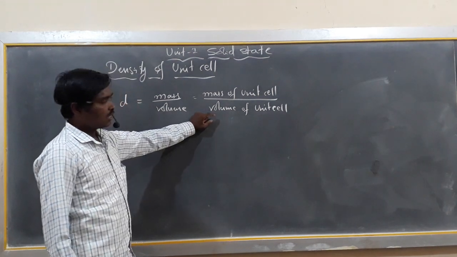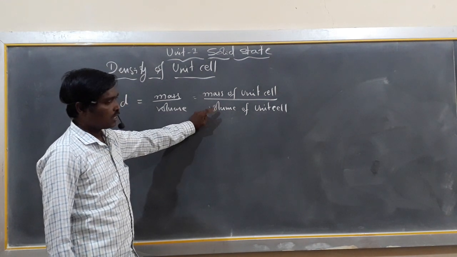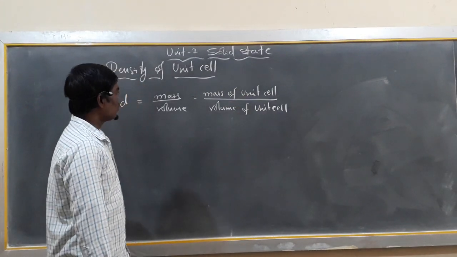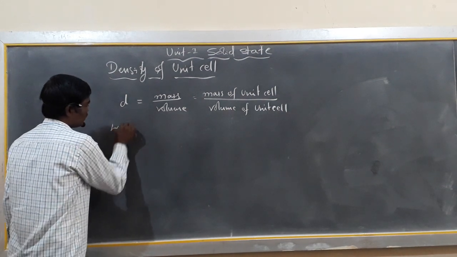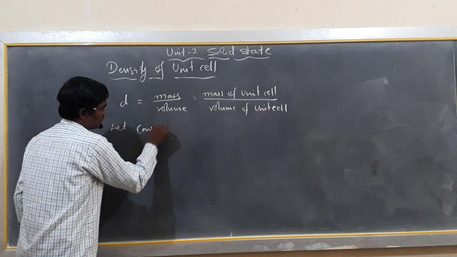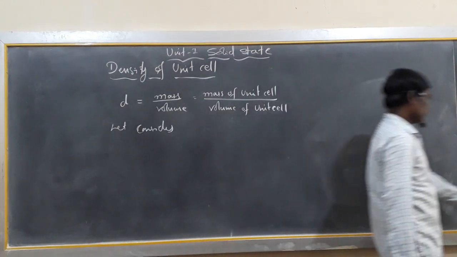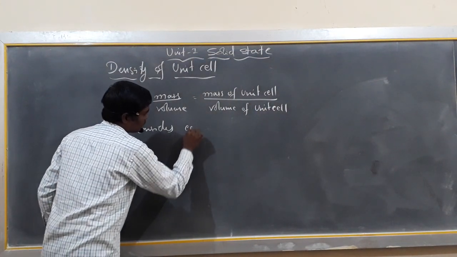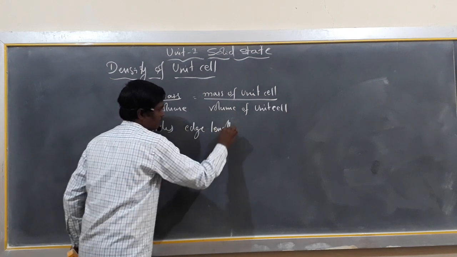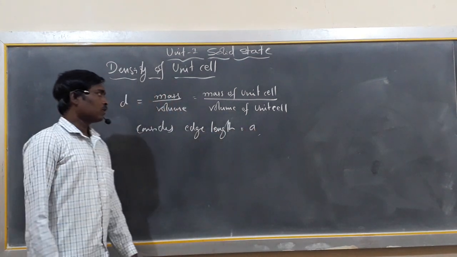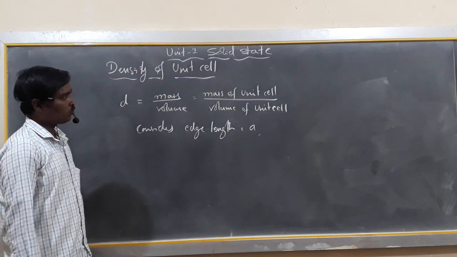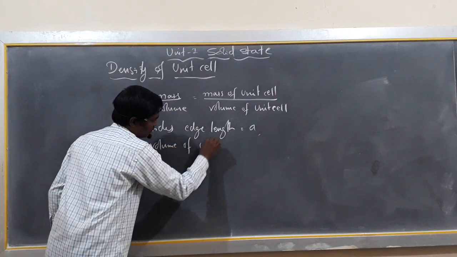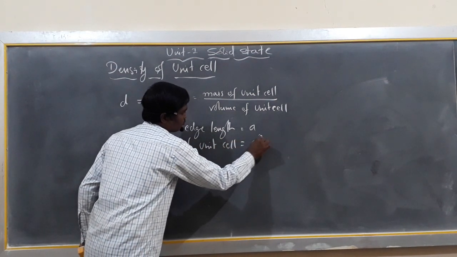So if we define the length as edge length A, then the volume of unit cell is equal to A cube. Consider edge length is equal to A. Then the volume of unit cell becomes A cube.